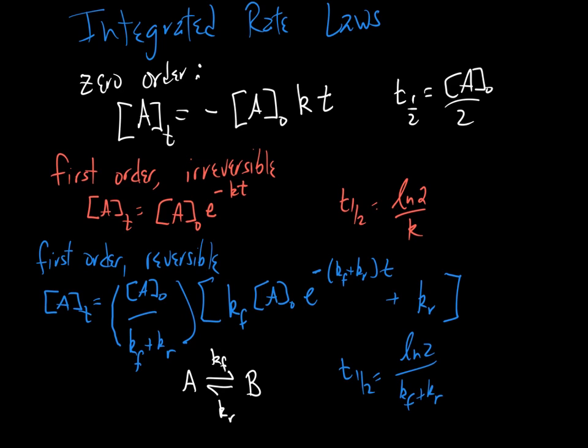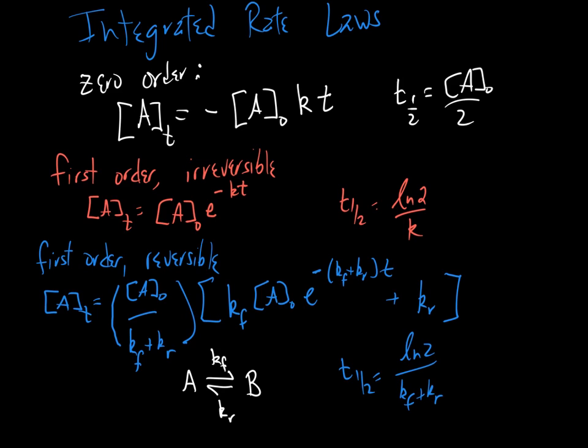So one thing that we can do, let's say you have some system and you don't know, you measure it. We can measure how much is bound, all that kind of stuff. So we measure that as a function of time. But how do we know what kind of binding it is? Is it zero order, first order, second order?